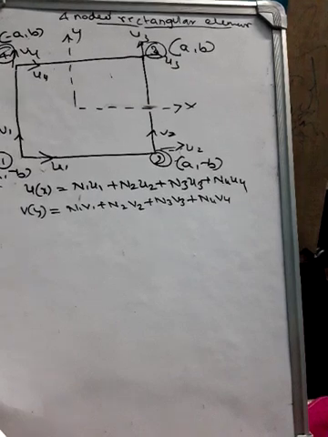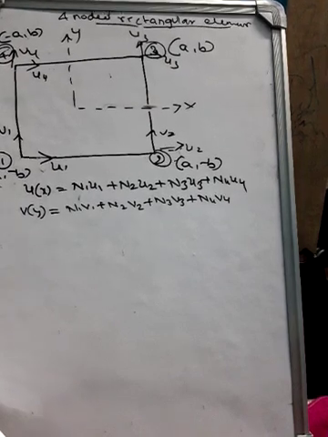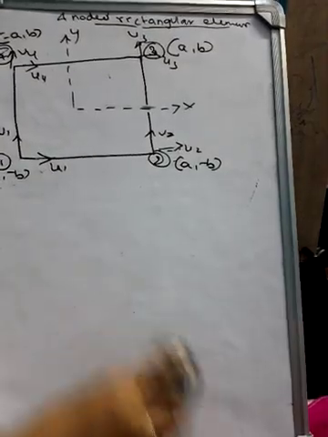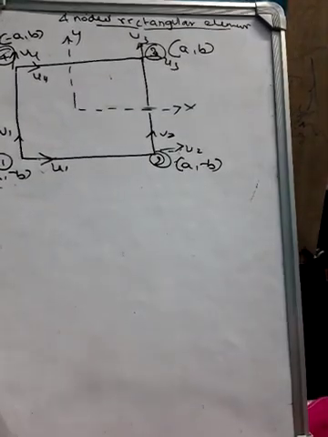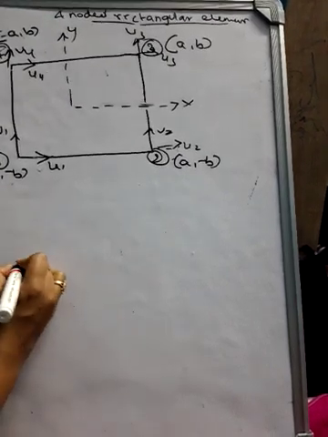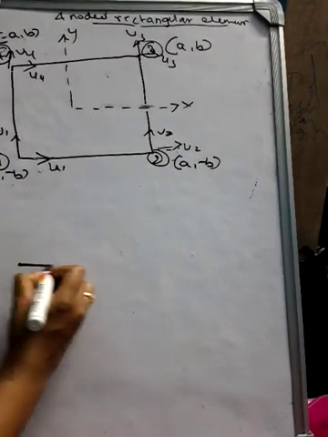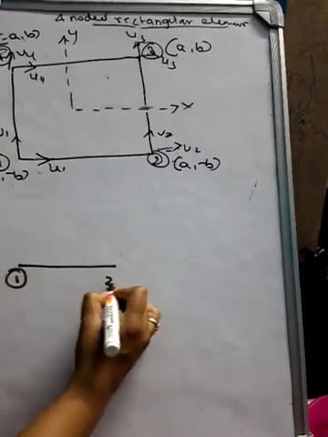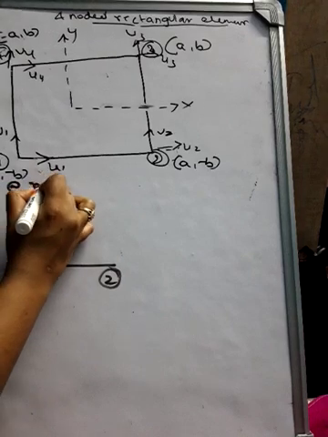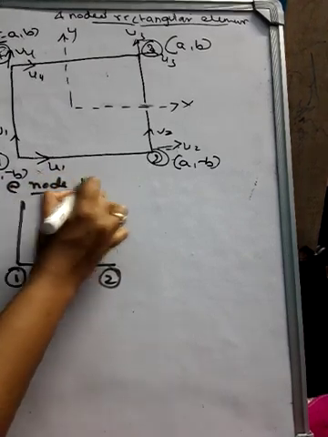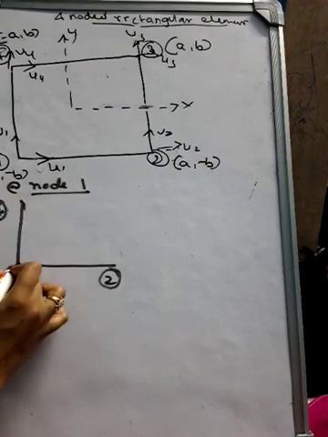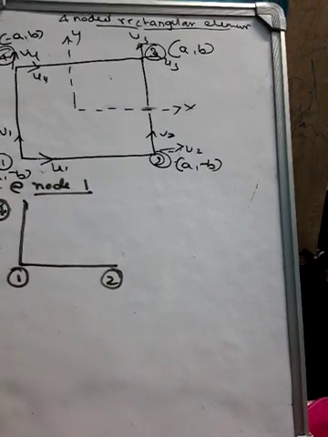values here. Okay. Now I'll be considering node 1. I'll write the figure for node 1.